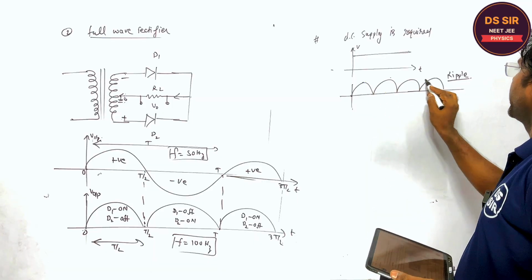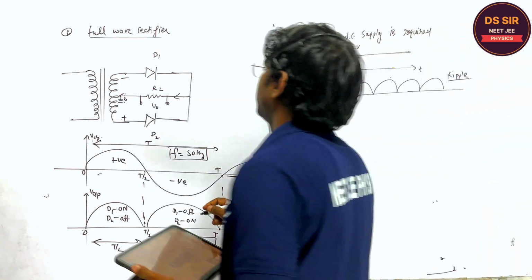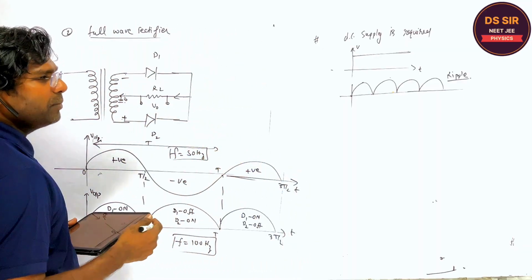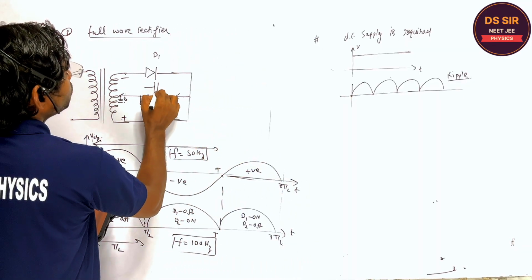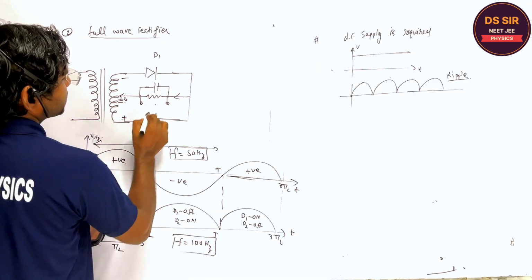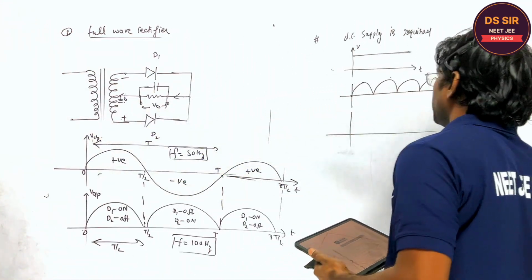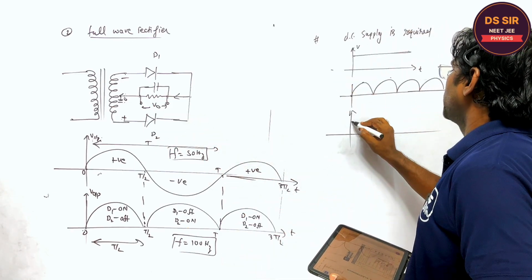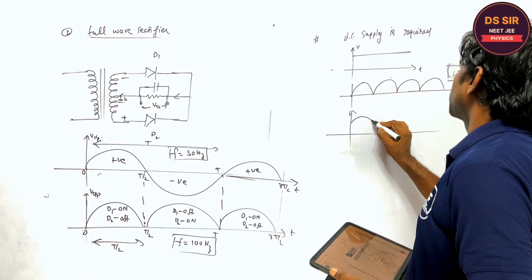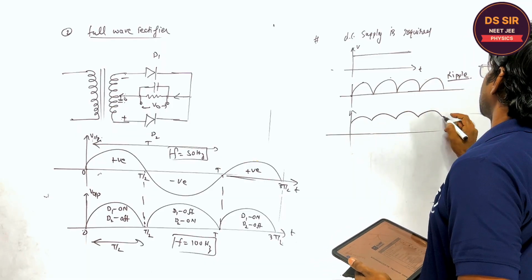To reduce or remove this ripple, what do we do, can you tell me? Yes, we use a capacitor across this power supply. After applying the capacitor in parallel with this power supply, we get the power supply like this.